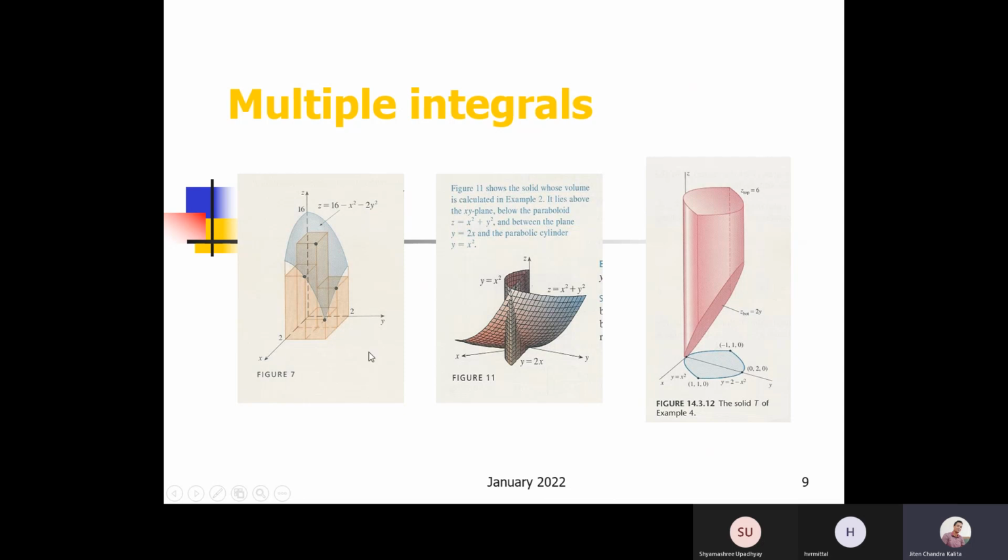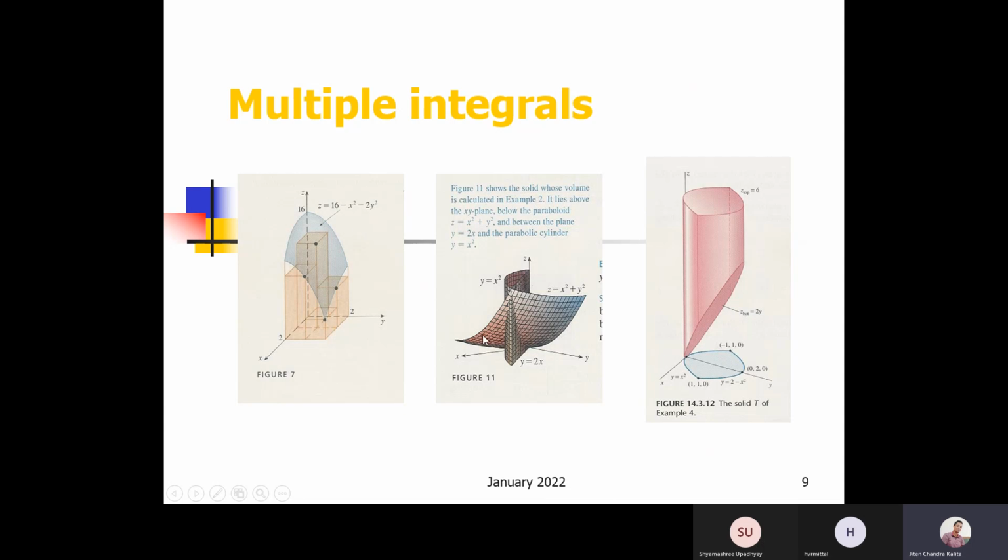Suppose this one looks very difficult. Here it shows the solid whose volume is calculated in example 2. Okay, forget about it. Suppose this is the solid we are considering, and it looks like a pretty complicated one.